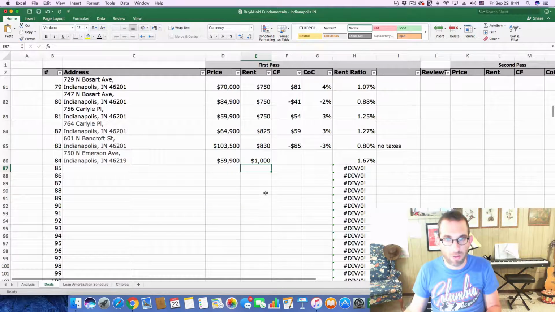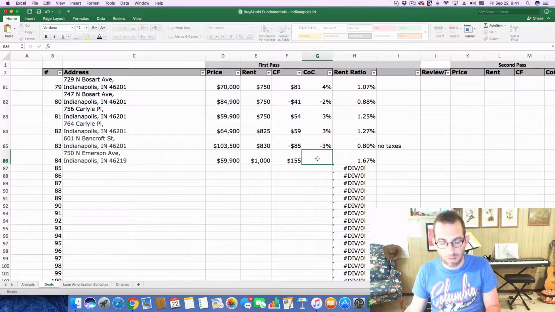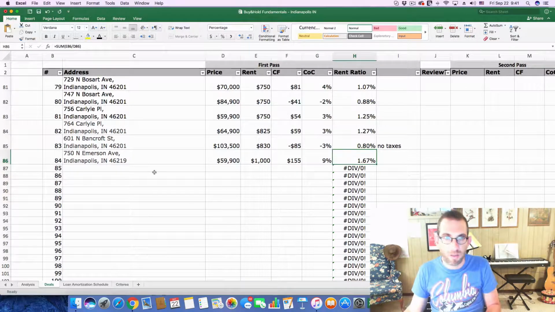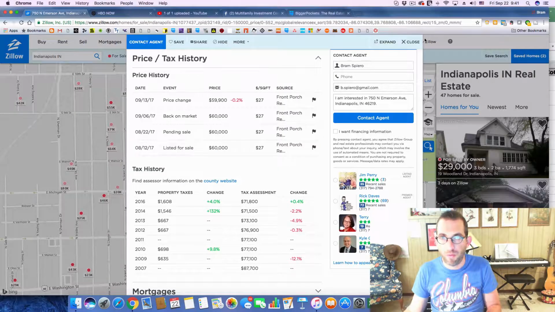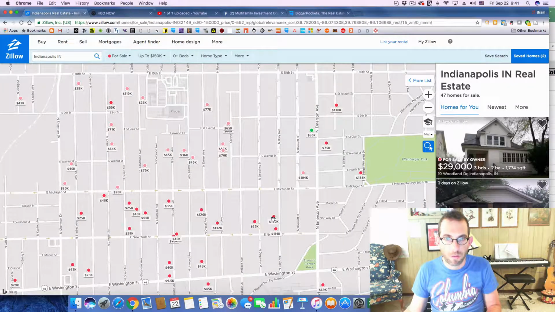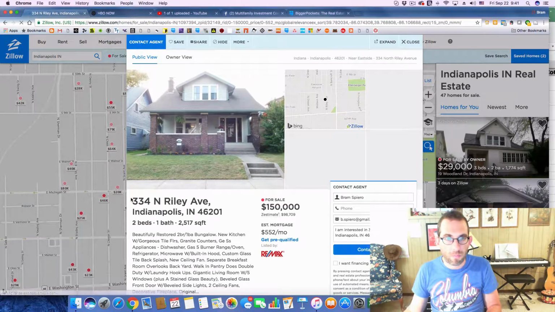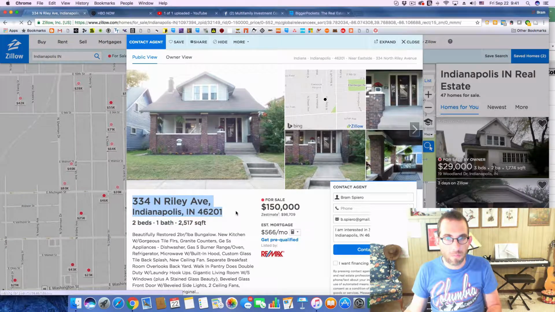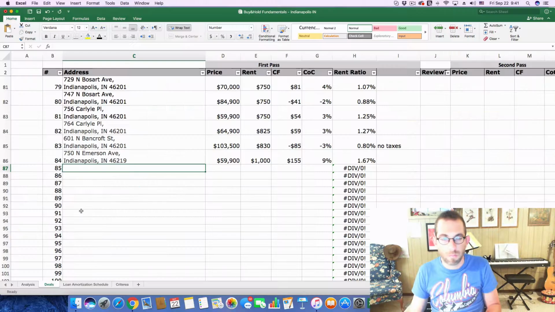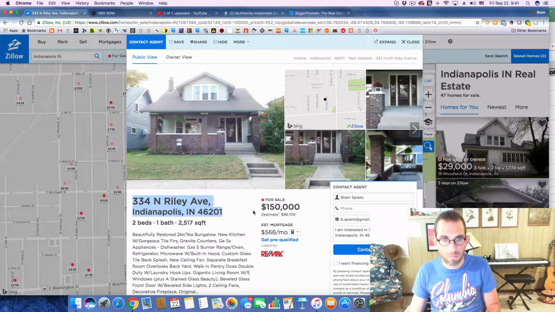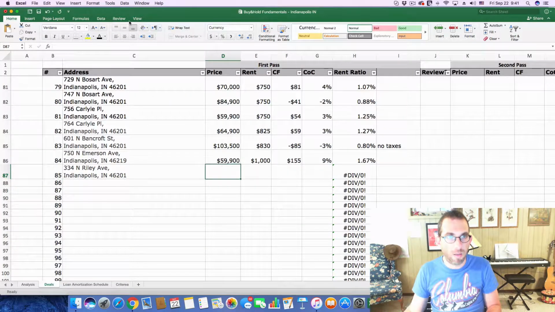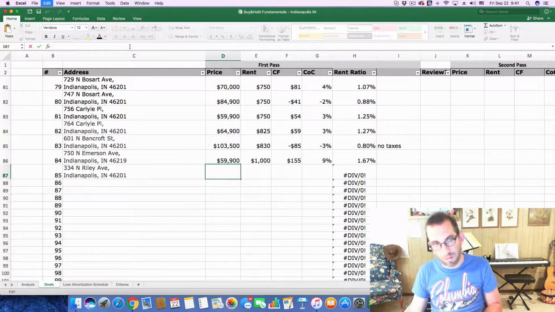155 and 9%, almost. And that's because of that lovely rent ratio. Okay. Right at the top of our range, because I'm really not looking at anything over 150.